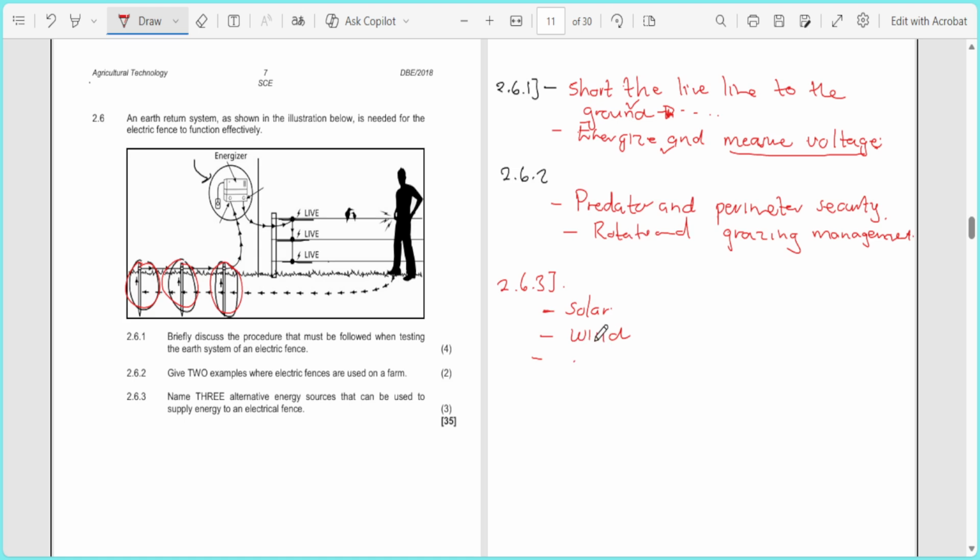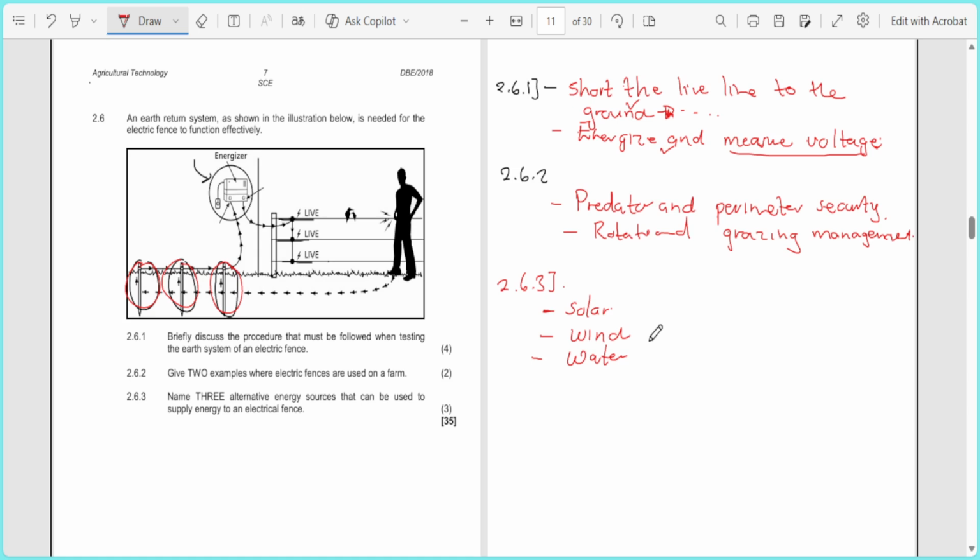What about hydro? I think hydro should work. Water, if there's a flowing river or stream nearby. The flowing water can be used in conjunction with small turbines to provide consistent power, especially in mountainous farms or farms that are next to a river.